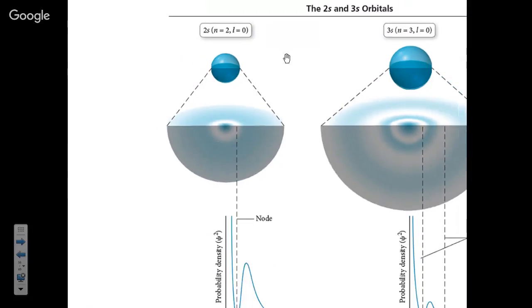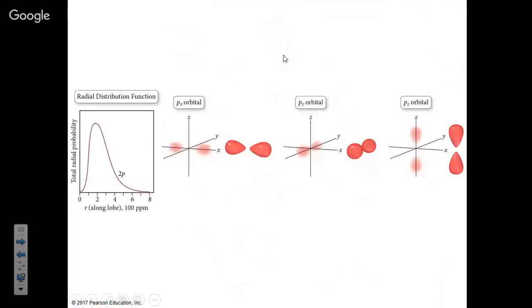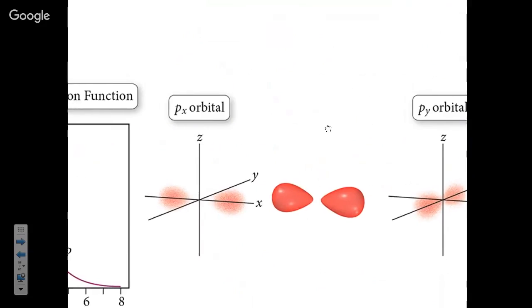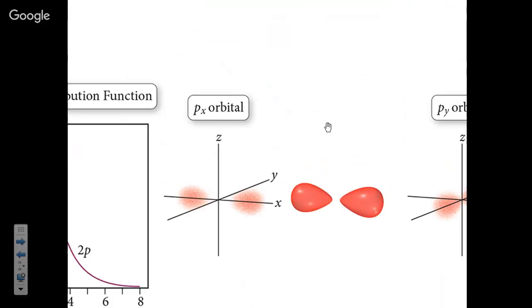Well, now that probability density changes drastically, and you have what we call the p orbitals. So instead of a spherical distribution, you have this kind of dumbbell-like distribution where there's a node in the middle, an area of 0 probability in the middle, and then you've got these lobes of density on either side.